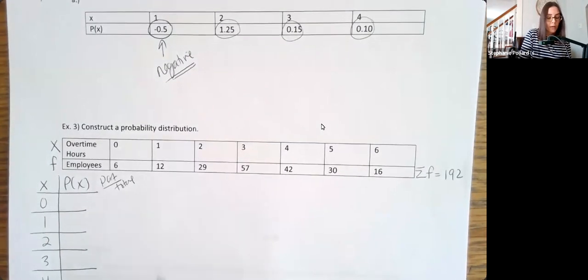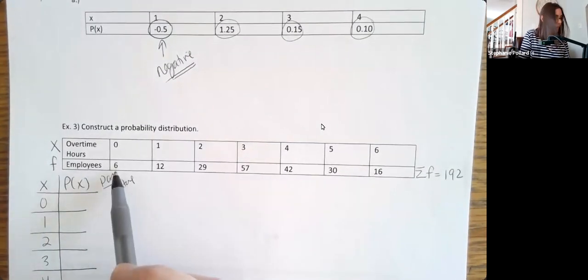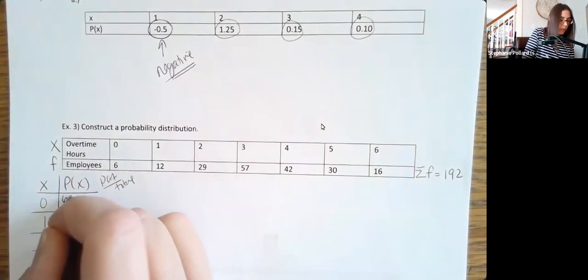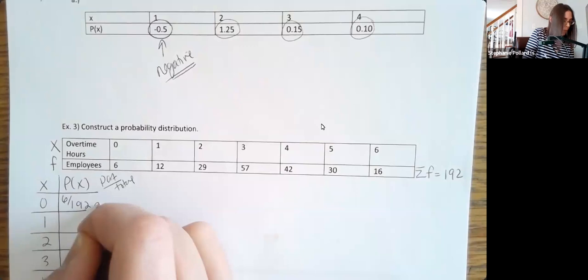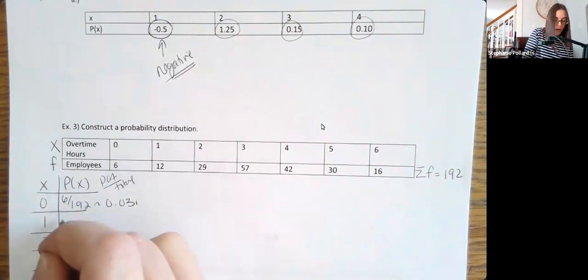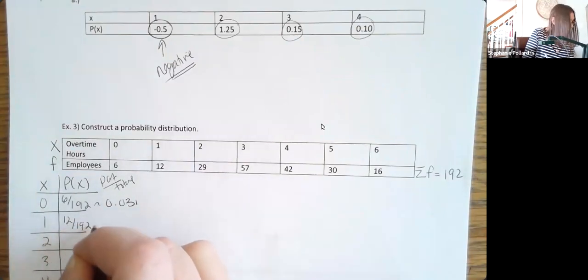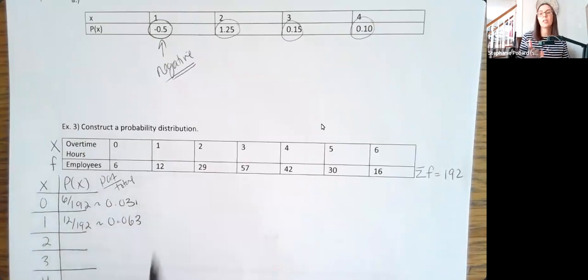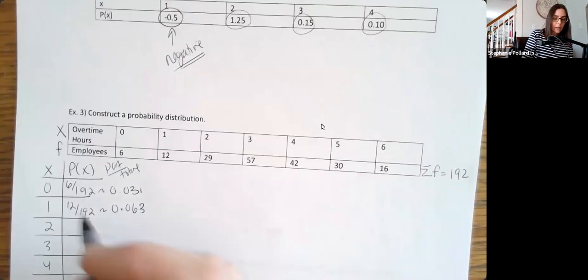And then your part for each one is going to be the count number, so the frequency. So for 0, it would be 6 out of 192, which is about 0.031. For 1, it's 12, so it'd be 12 out of 192, which is about 0.063. And I just used my calculator here to get these answers, and I'm rounding to 3 decimal places.